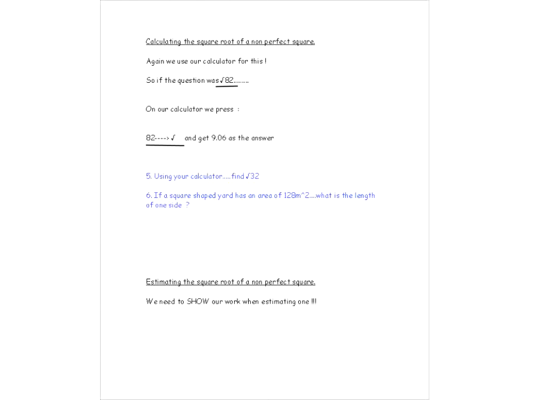So we're taking an area of 128 meters squared. That's our area. And so we know that has to be something times something. So we have to take the square root of that 128, and that's going to give us our answer.